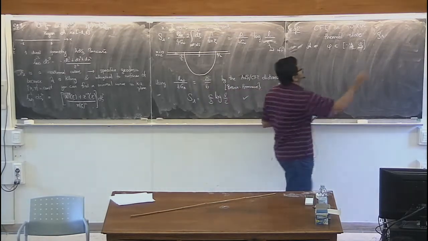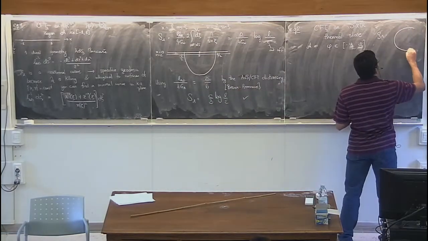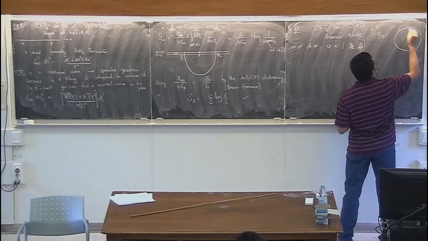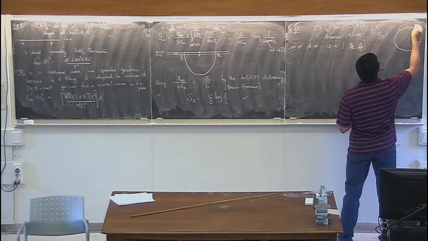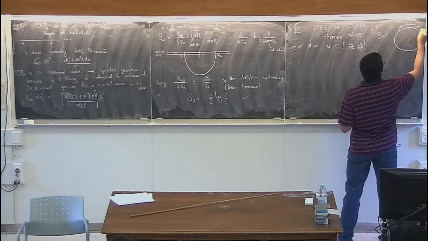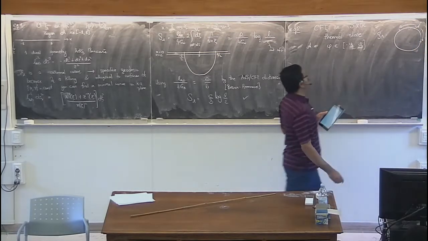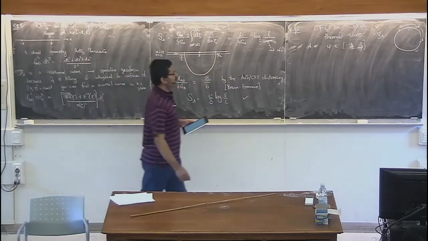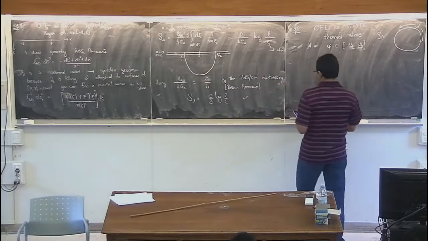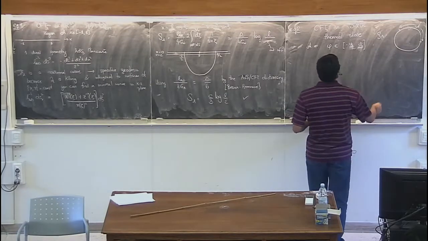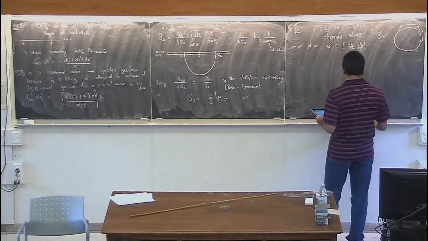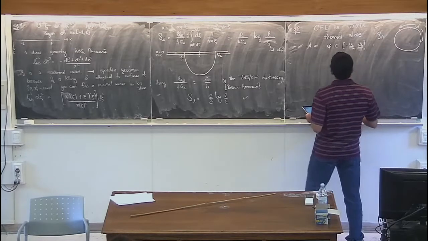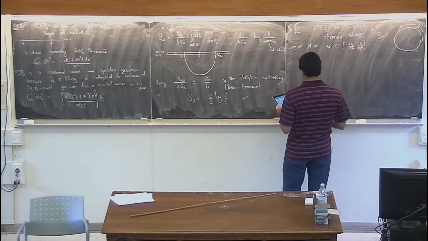So basically we have our field theory on a circle, and A is this arc of the circle. And we are at finite temperature, which means that the dual geometry is going to be a black hole spacetime.